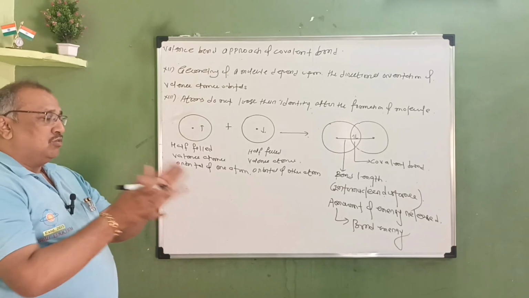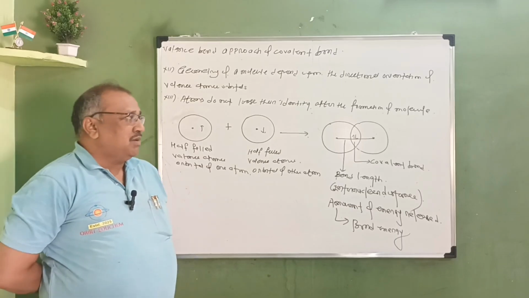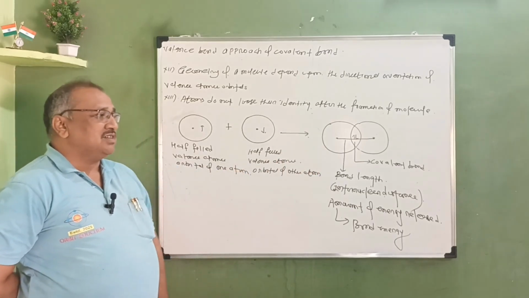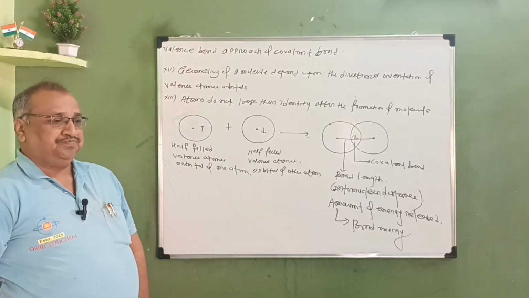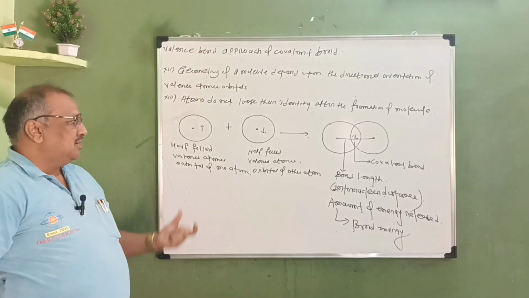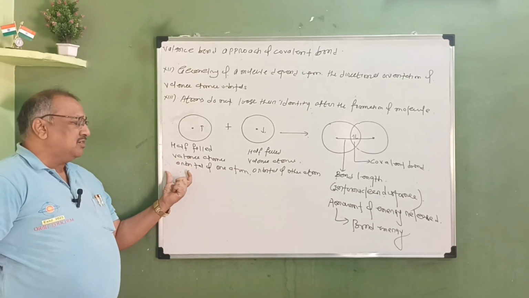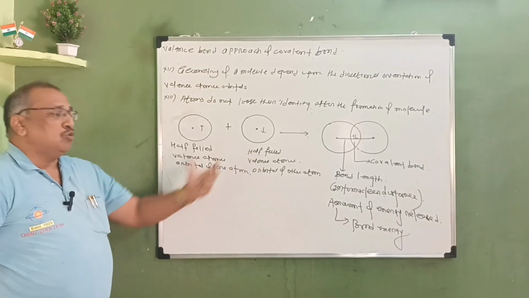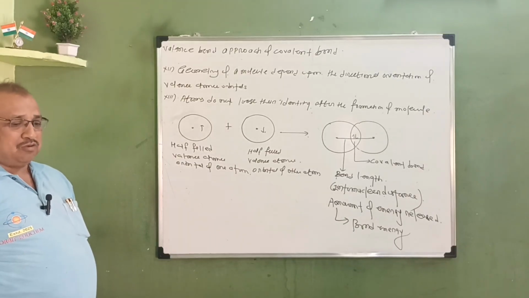Suppose you want to learn the first postulate. By using this diagram, you can easily construct it: a covalent bond is formed only when a half-filled valence atomic orbital of one atom overlaps with a half-filled valence atomic orbital of another atom.